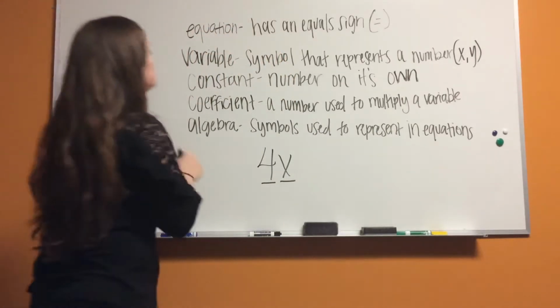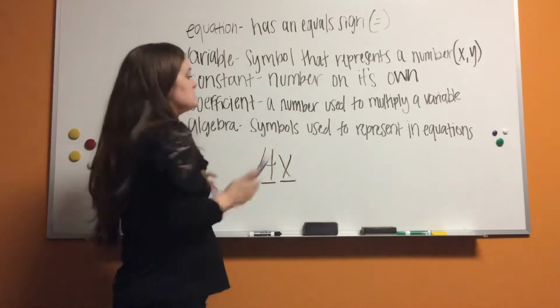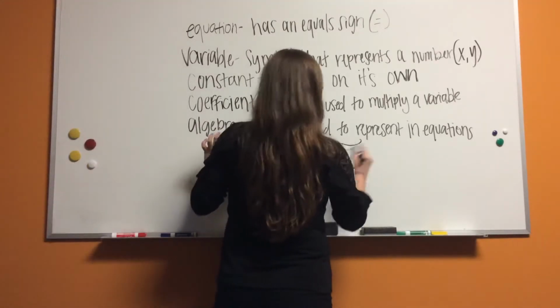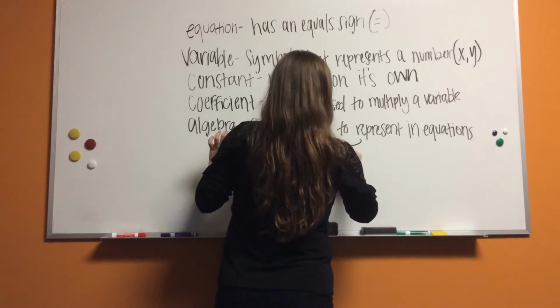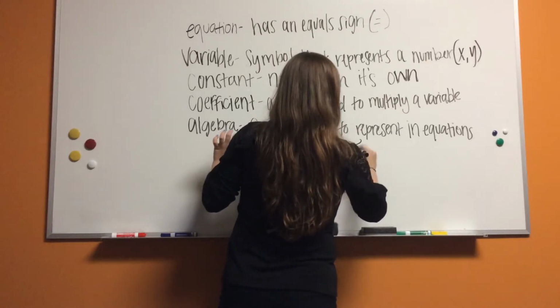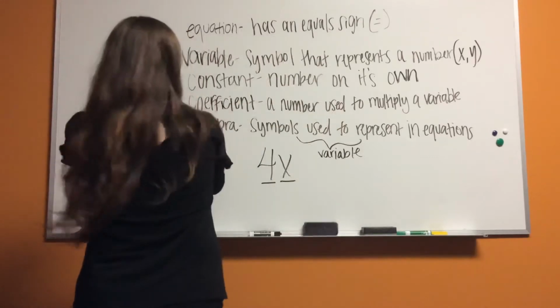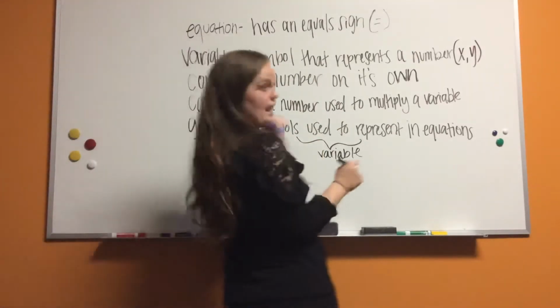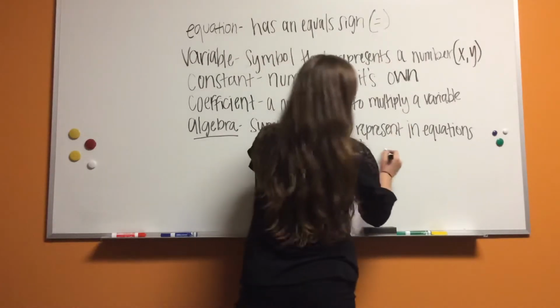So what did we say? A symbol that represents a number? That's right, a variable. So algebra has to have a variable and an equal sign.